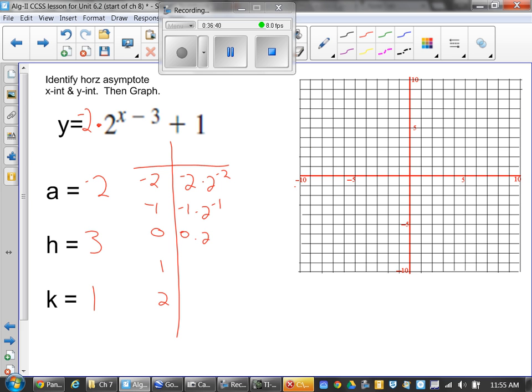This is negative 2 times 1/4, so that's negative 1/2. I thought it was negative 2. No, it's not positive, because 2 to the negative just means it's not happy. It doesn't mean that it's negative.